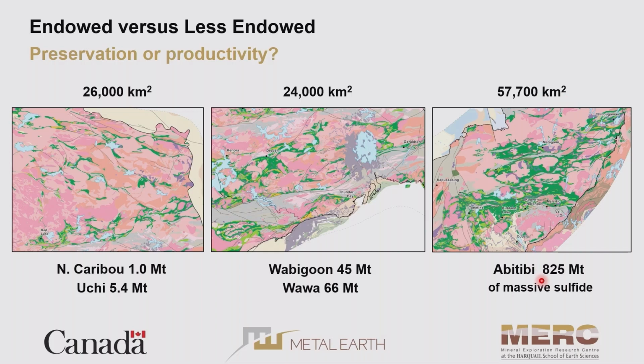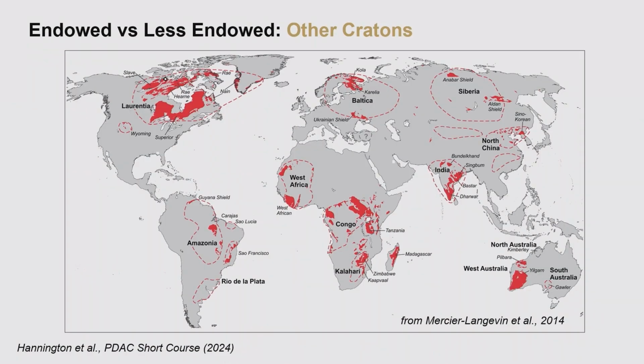And finally, that comparison, which also came up a couple of days ago, is something that could be carried to other cratons. I'll leave you with this final statistic before I get Aaron and Chris and Ellen up here, about VMS deposits in Archean greenstone belts.